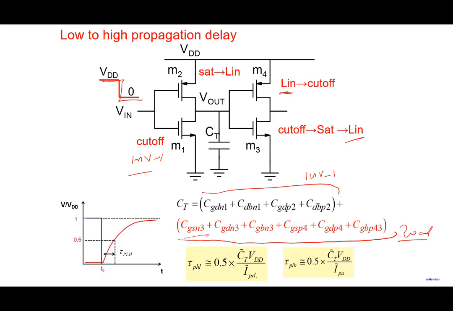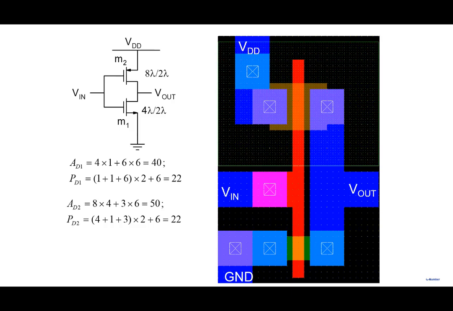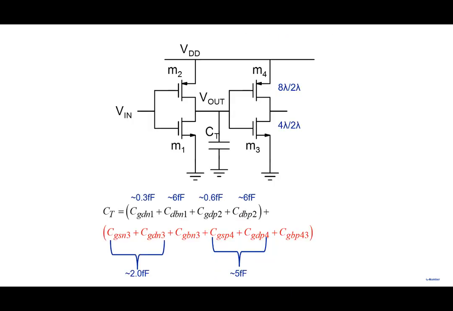These are gate to source, gate to drain, gate to body of the NMOS, and gate to source, gate to drain, gate to body of the PMOS. You have to sum them up and calculate. So that's the first complication: looking at all the capacitors, calculating the numbers, and taking appropriate values for cutoff, linear, and saturation. Okay, let me come to the next one.